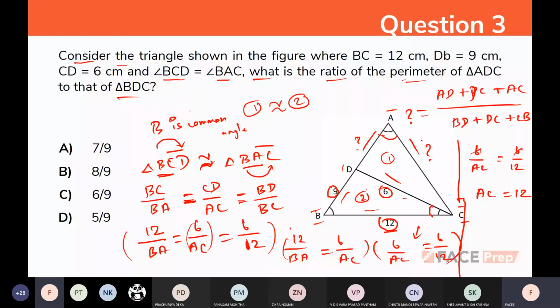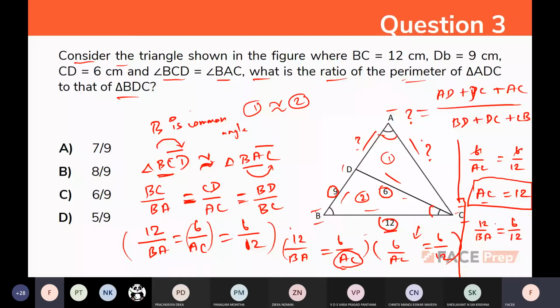AC is 12 now, and we can apply this AC in this pair. 12 by BA is equal to 6 by 12, which is AC. What can we do now? We can cross multiply.